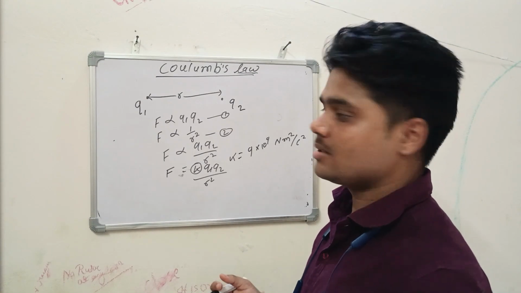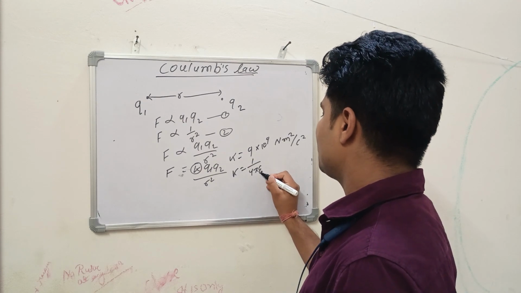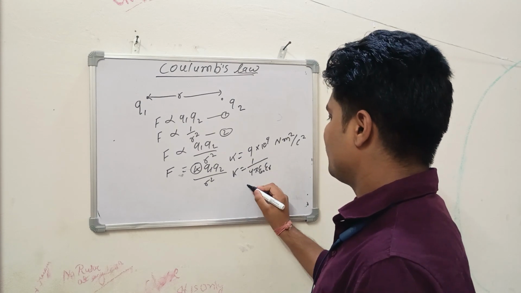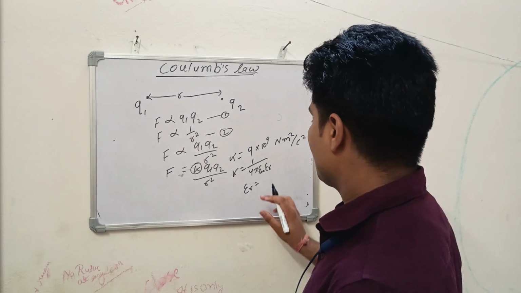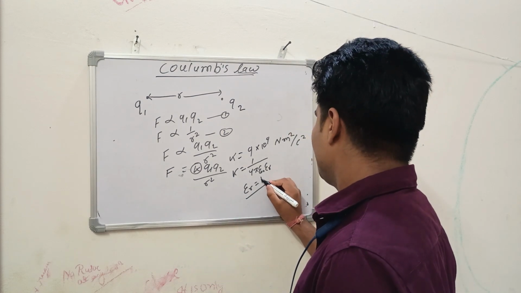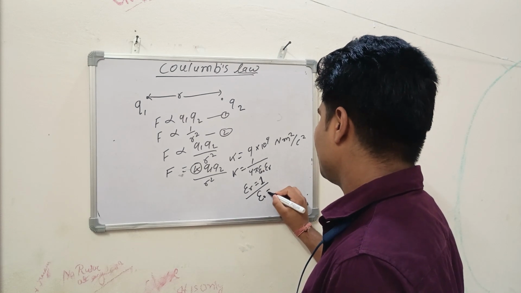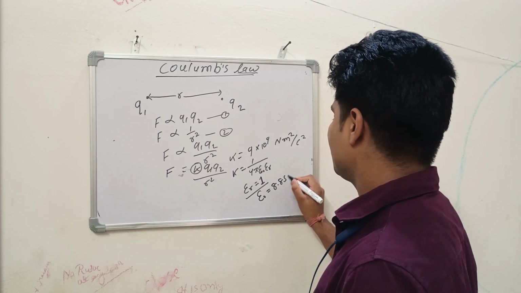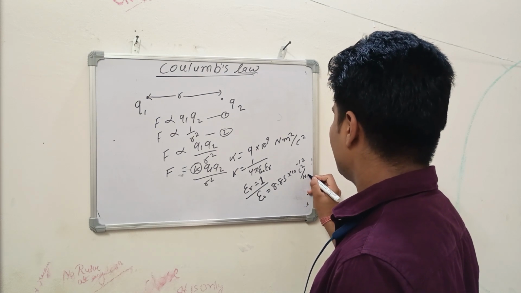We can also write K equals 1 by 4 pi epsilon naught epsilon r, where epsilon r is the relative permittivity, and its value for vacuum is unity, and the value of epsilon naught is 8.85 into 10 to the power minus 12 Coulomb square per Newton meter square.